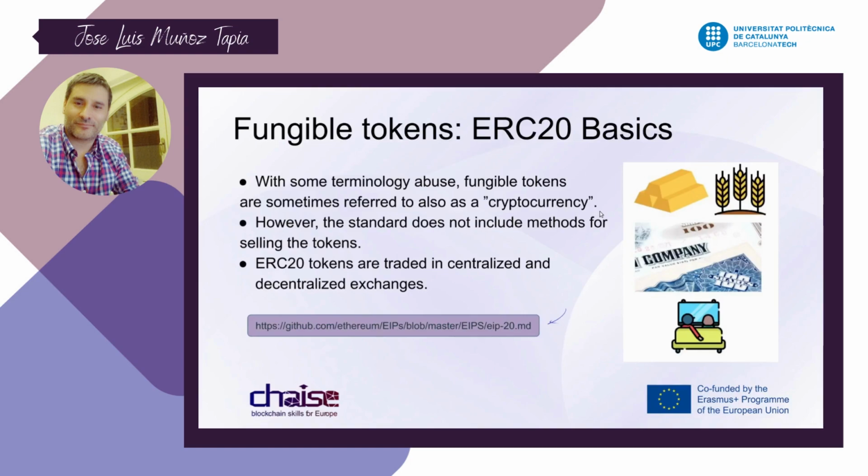They just define the name of the function, the interface. I mean, which functions our smart contract needs to have, how many arguments each function needs, what they return, and so on. But not exactly how they are implemented, so the people from Ethereum are leaving room for different implementations.